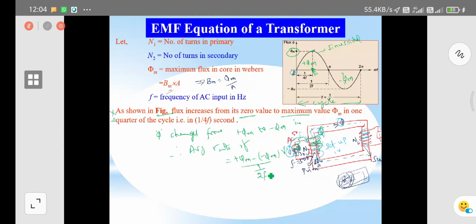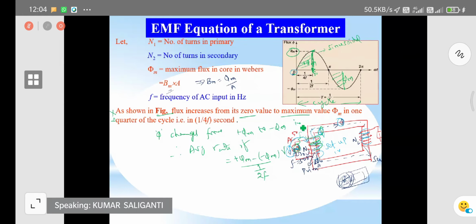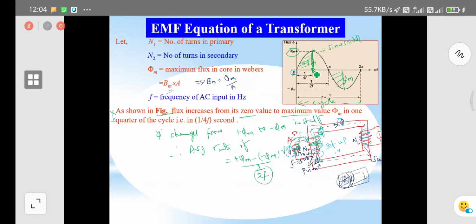So flux changes from plus phi m to minus phi m in half of the cycle. You have to consider only half of the cycle here, and this is 1 by 2f.